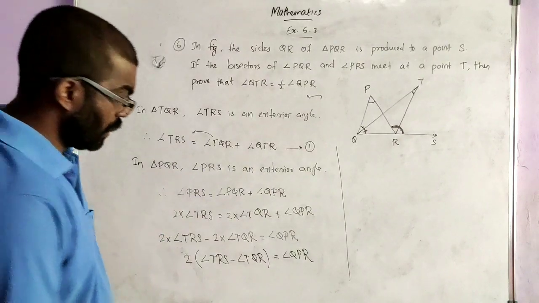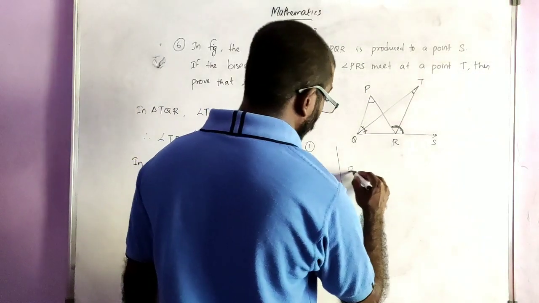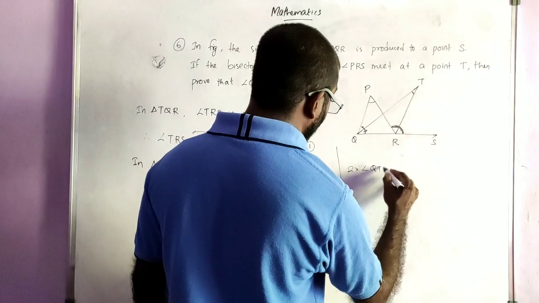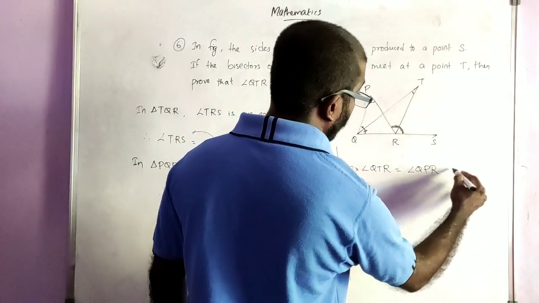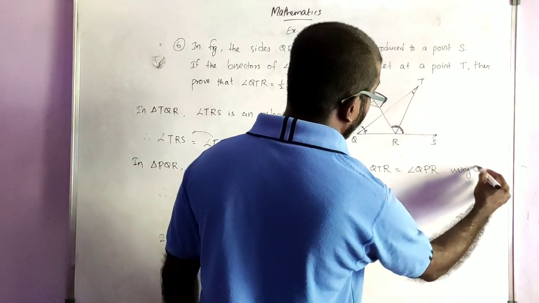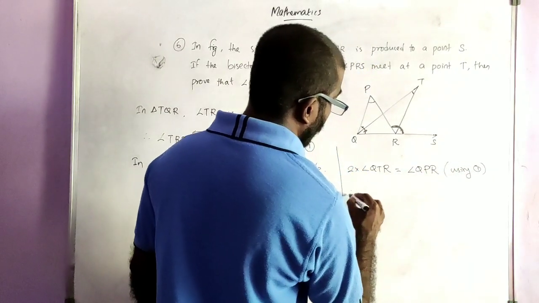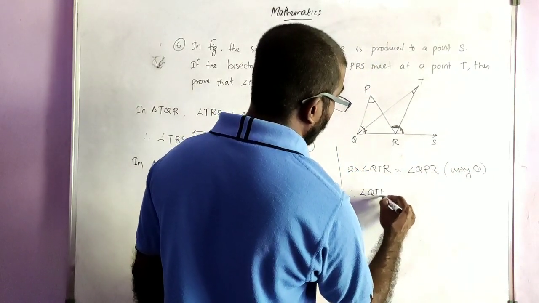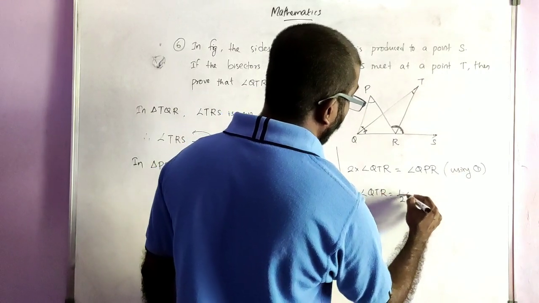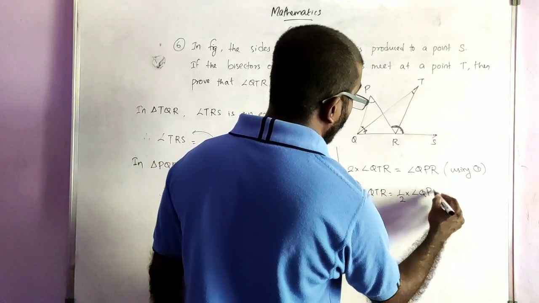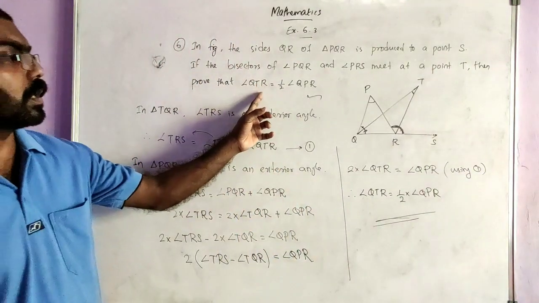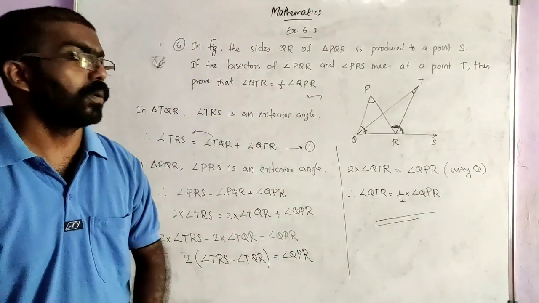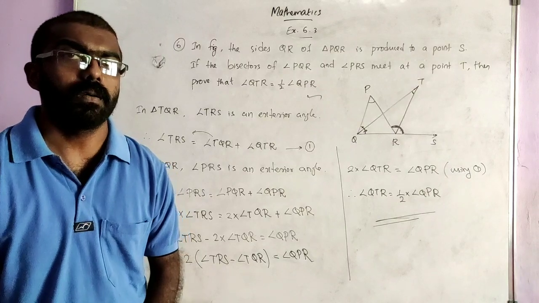Angle QTR. So we can write 2 into angle QTR equals angle QPR using equation 1. Therefore, angle QTR is equal to 1 by 2 into angle QPR. Hence the proof. Angle QTR is equal to half into angle QPR. Okay.